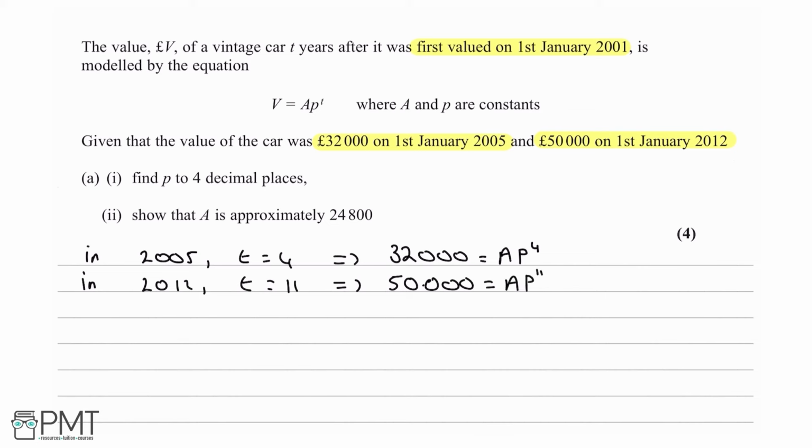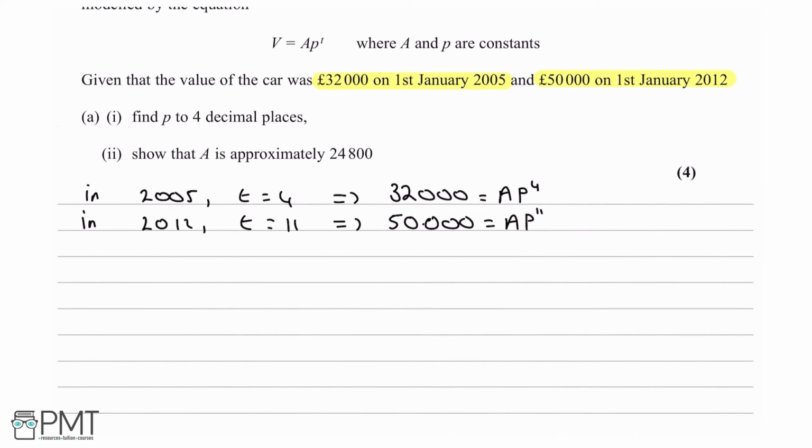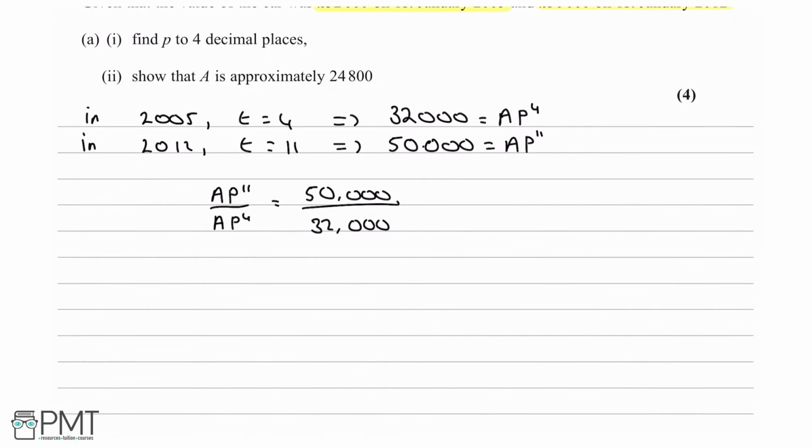What we can notice here is both of our expressions have A on its own. So we can say that AP to the 11 over AP to the 4 equals 50,000 over 32,000.